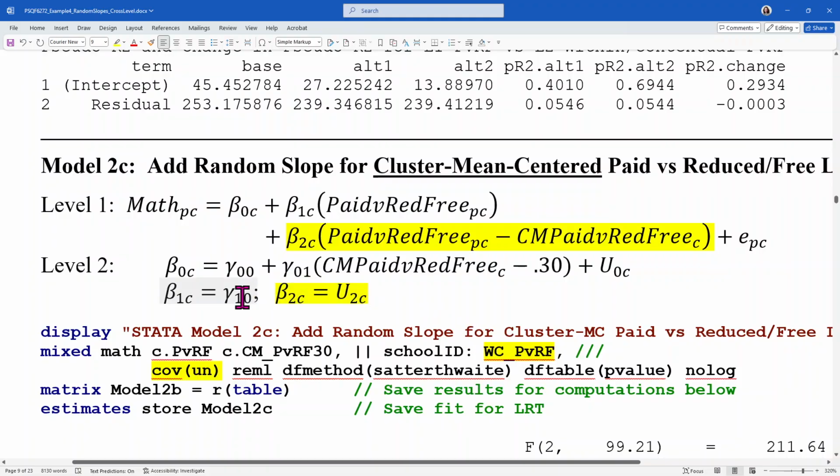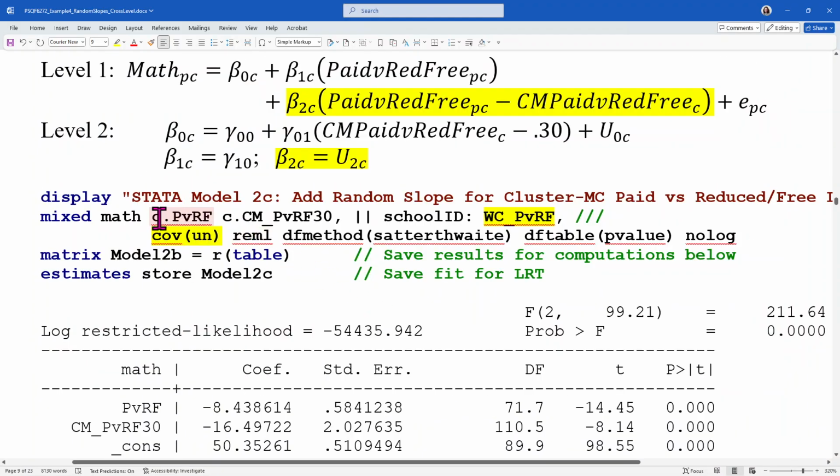It's essentially, this is the within fixed effect and this is the within random effect. But it's accomplished via this sort of convoluted model so that I can keep the within contextual parameterization with respect to level 2. So in the code, I have the original version of the level 1 predictor as a fixed effect, and then I have the within cluster mean centered version as the random effect.